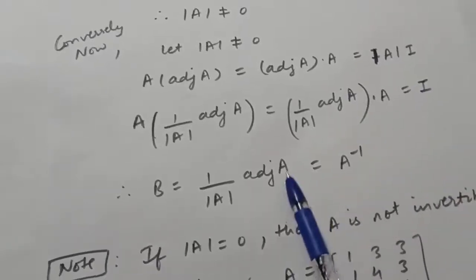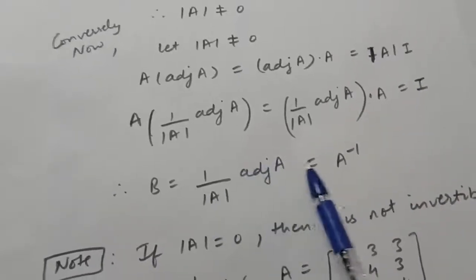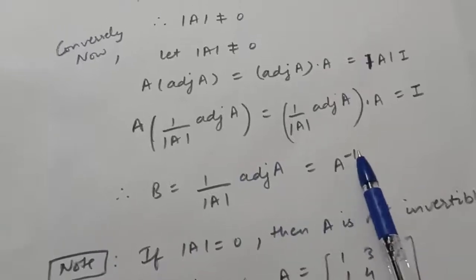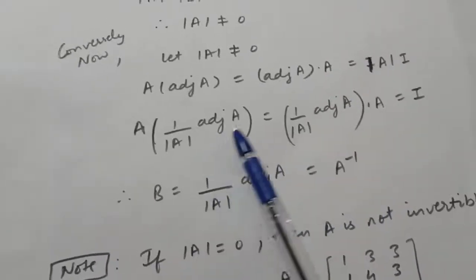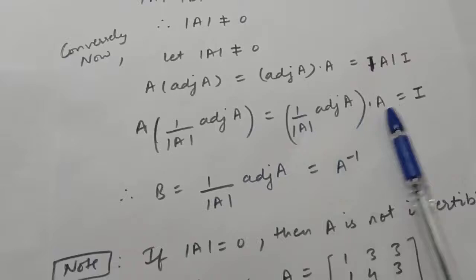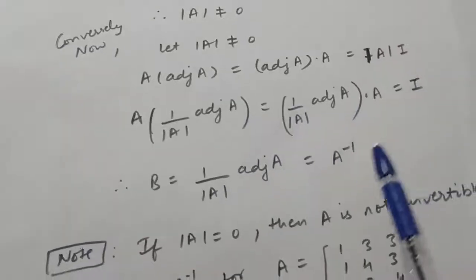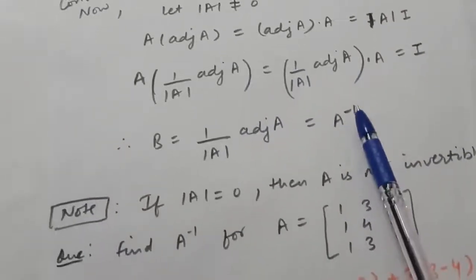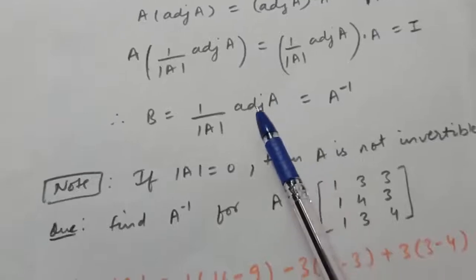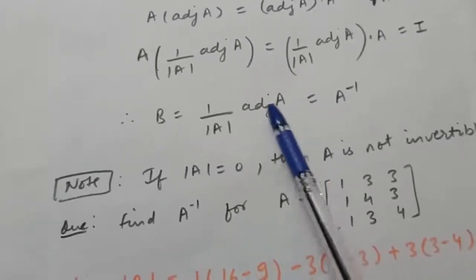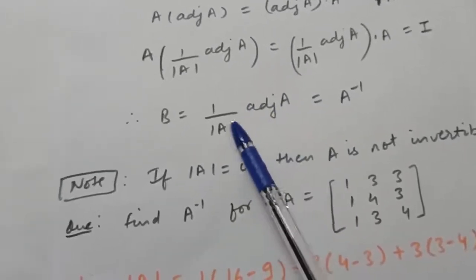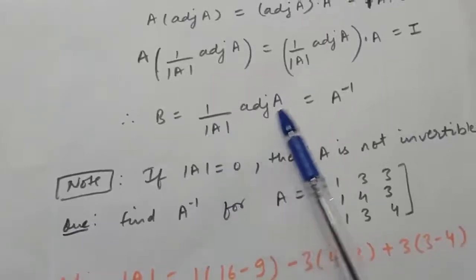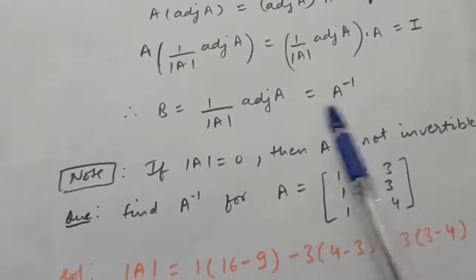So we can say B, this matrix, is nothing but the inverse of A, because A into A inverse or A inverse into A is the identity matrix, right? So this is A inverse only: when you divide the adjoint of A matrix by the determinant of A, that is the inverse of A. Clear?